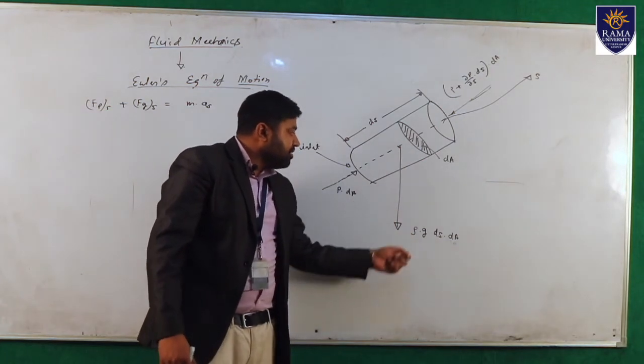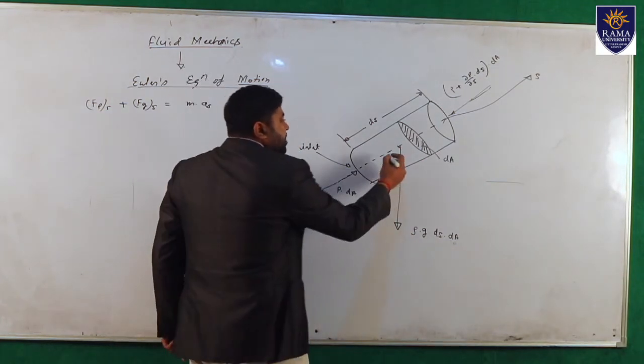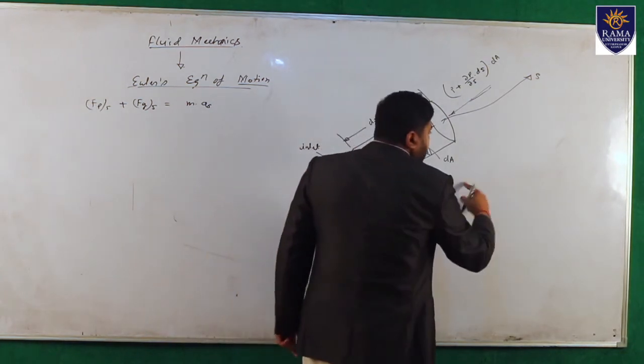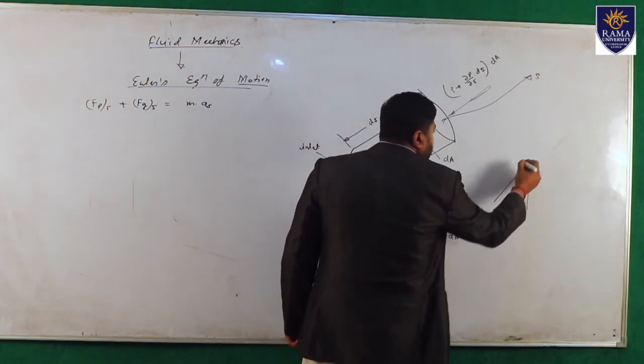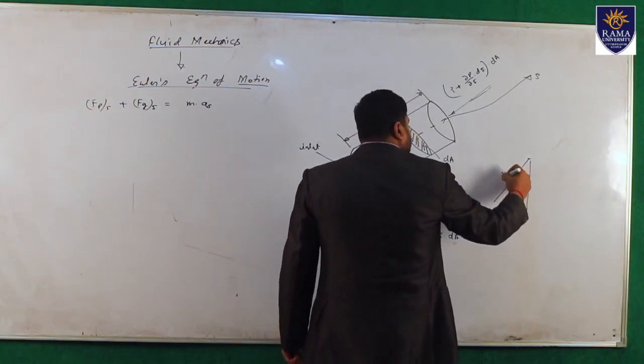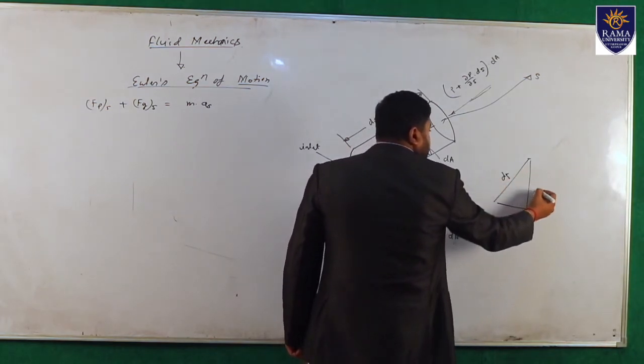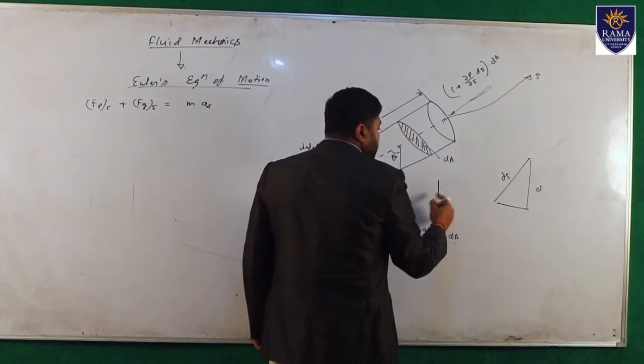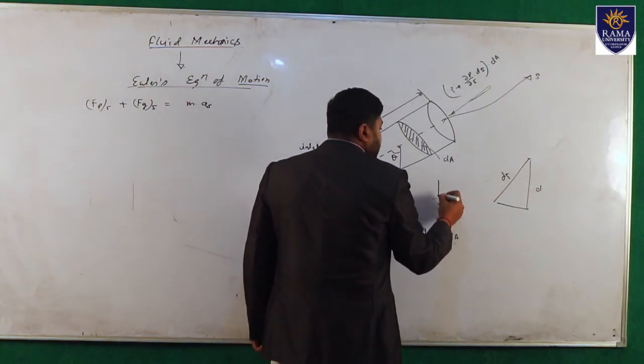Another thing, the gravity force acts, and this line makes an angle theta. Here we can make another diagram: ds, and this is the z direction.